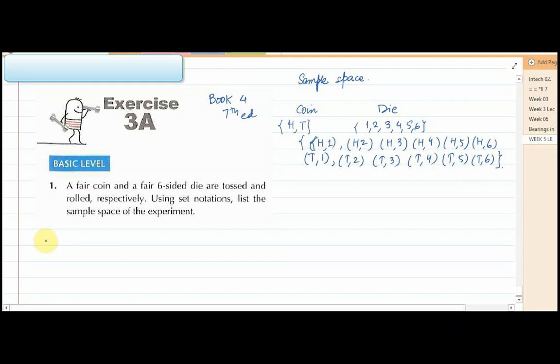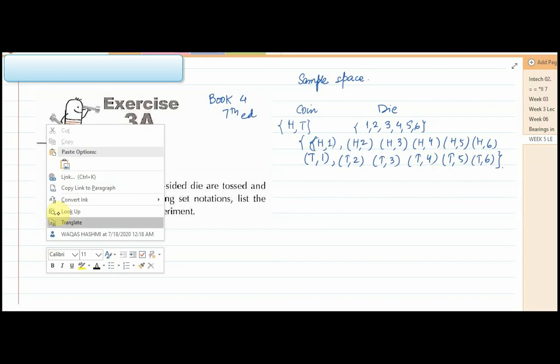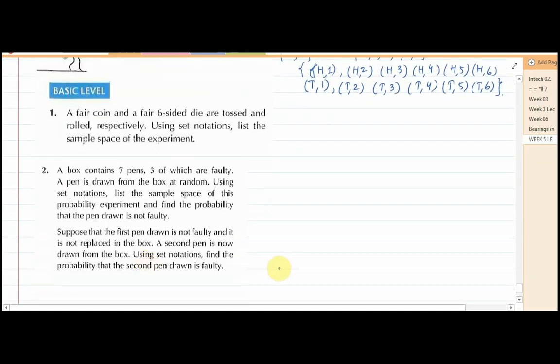After that, moving on to question number 2, it says a box contains 7 pens, 3 of which are faulty. A pen is drawn from the box at random. Using set notations, list the sample space of this probability experiment and find the probability that the pen drawn is not faulty, right?